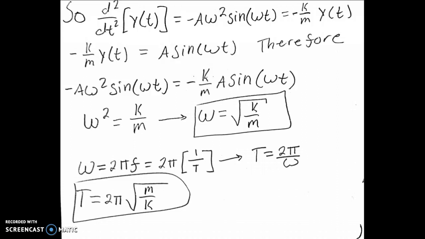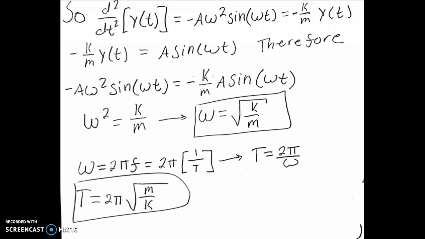After we do all that, we note that if we use y of t equals A sine omega t as a solution, then d squared y of t over dt squared is negative A omega squared sine omega t. Also, from the equation we got from Newton's second law, we know that this equals negative k over m times y of t.